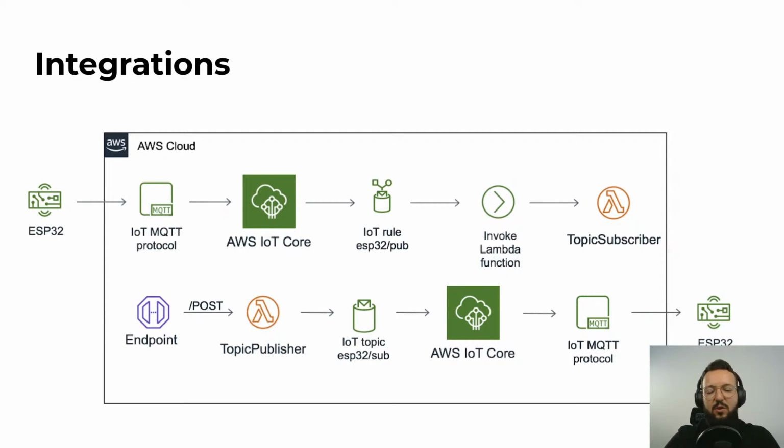And then if somebody else would like to send information back to the ESP32 device, then you can have the additional IoT topic that is used to send information via IoT Core to the device.